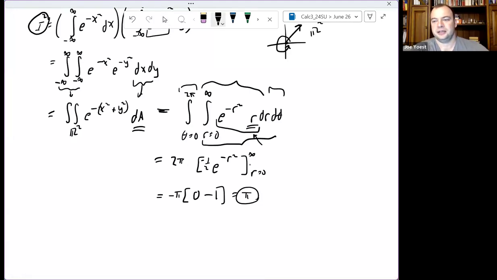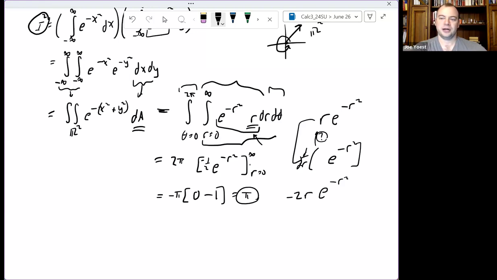So I want to find the antiderivative of r e to the minus r squared. Now I can do a substitution here, but I know that this is going to look something like e to the minus r squared. If I differentiate this, what do I get? Well, I get e to the minus r squared times negative 2r.